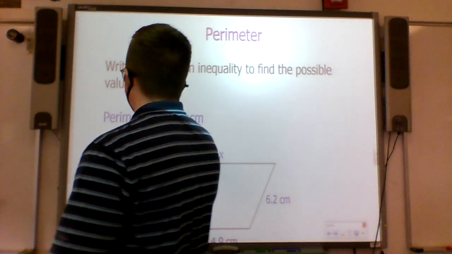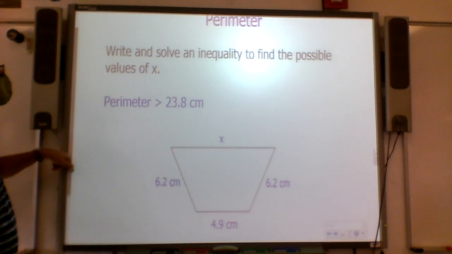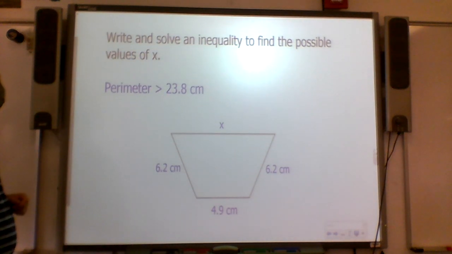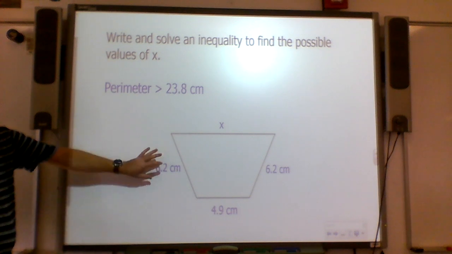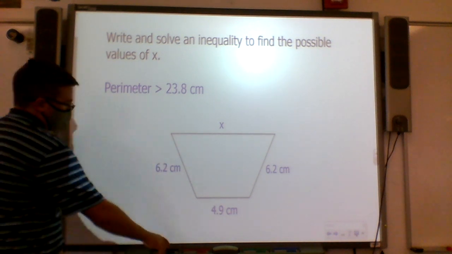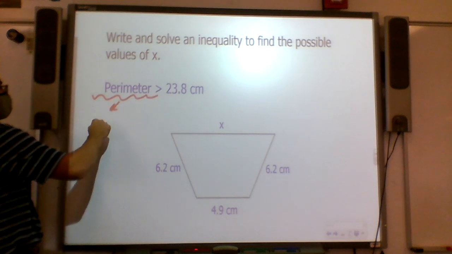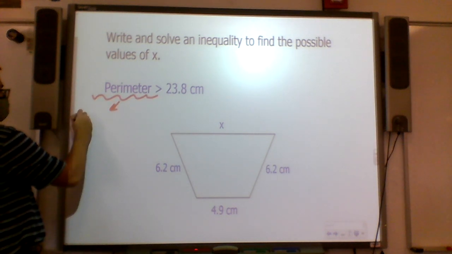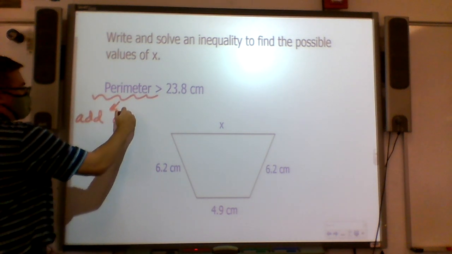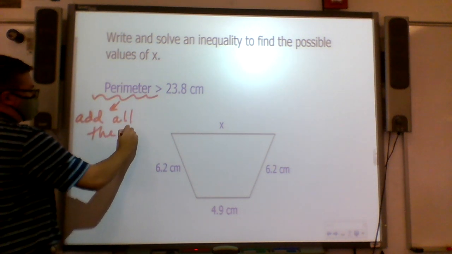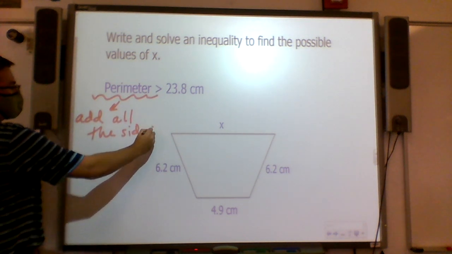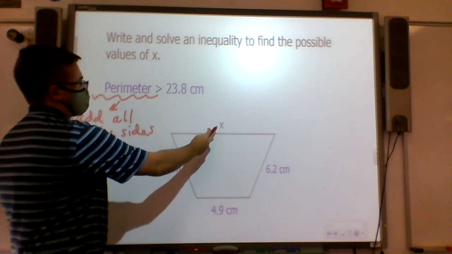So it says that the perimeter has to be greater than 23.8 centimeters, and we've got this shape here. First of all, how do you find the perimeter of a shape? We would add all the sides. So to add all the sides, well, this side is x.